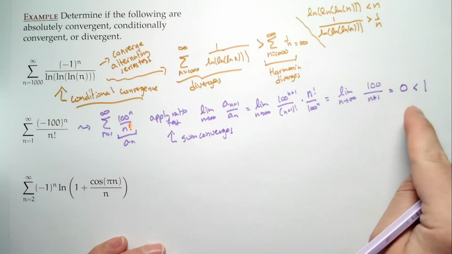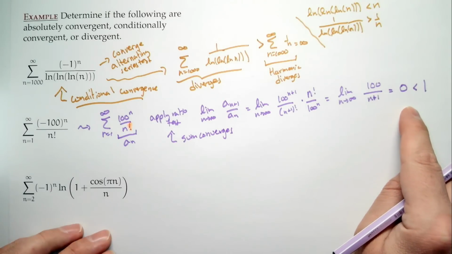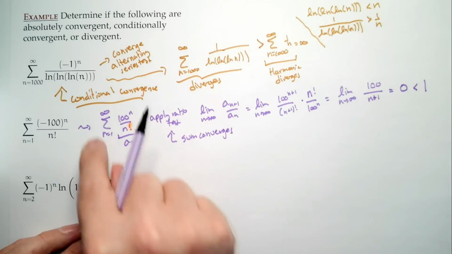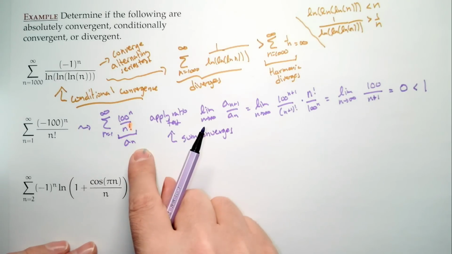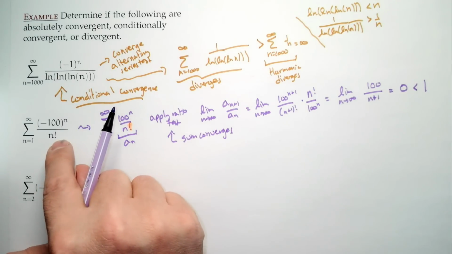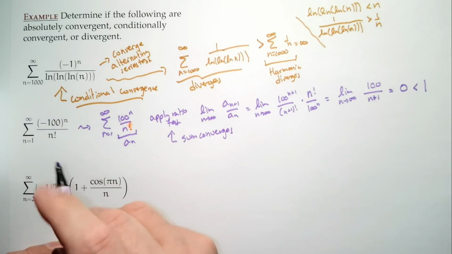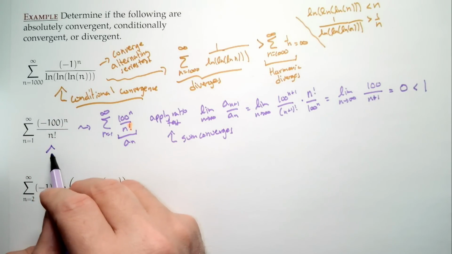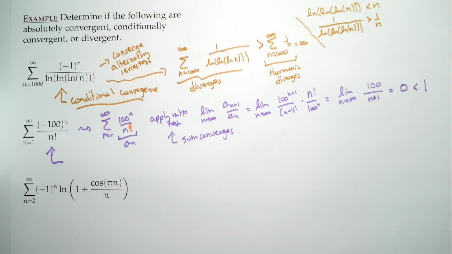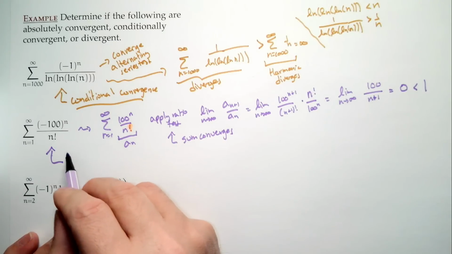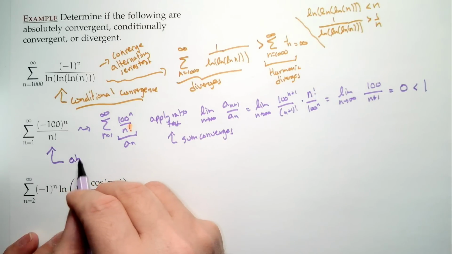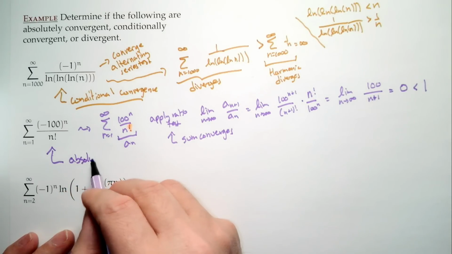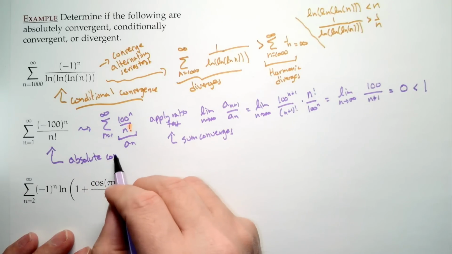So that says that this sum converges, and that's the sum where we drop the alternating part. So what's true about the original sum, where we did have the alternating part? Well, if the absolute value converges, then lo and behold, this will converge as well, and it's going to be absolute convergence. So there we go.